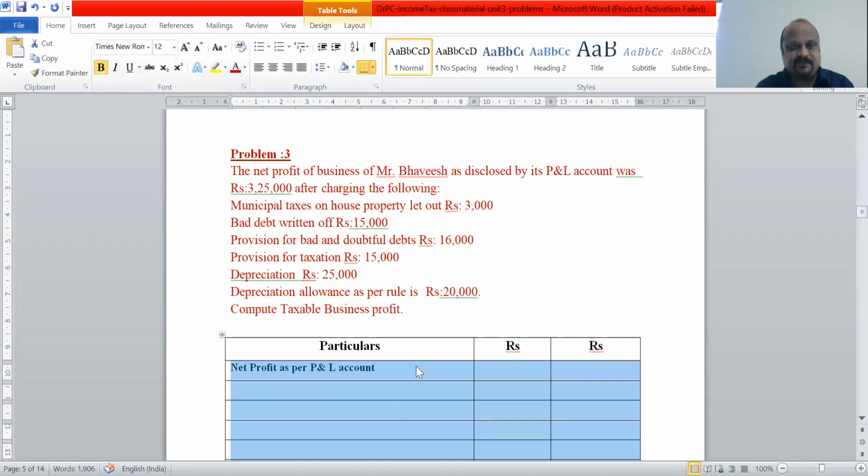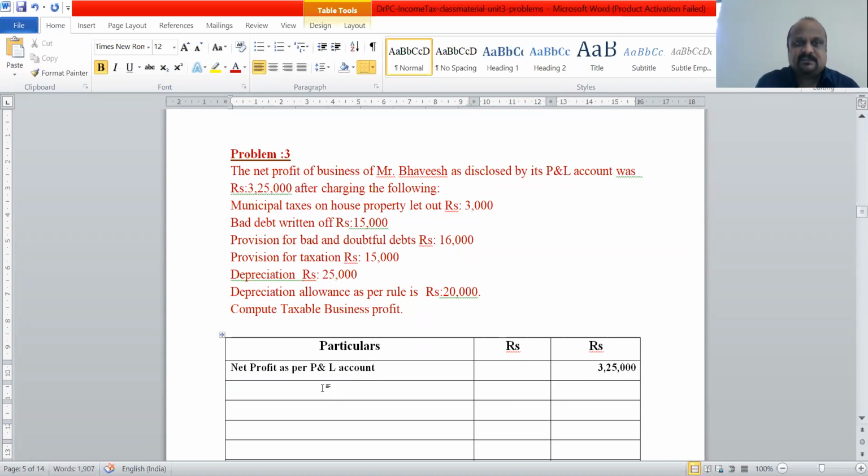How much is that? 3,25,000 they have given here. He has declared it 3,25,000. You have to take that 3,25,000 as net profit as per his calculations.